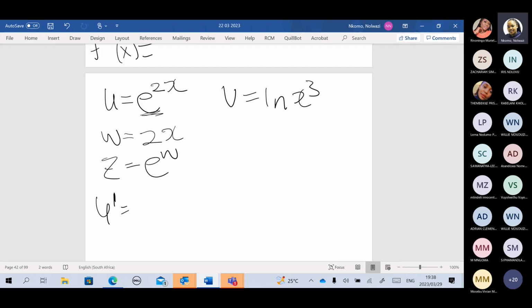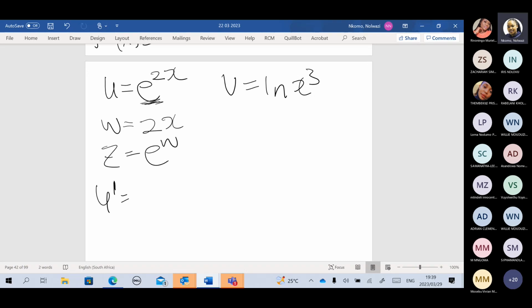Okay, ma'am. We have u equal to e to the power 2x, with an inner function 2x, and the outer function z, which is e to the power w. The chain rule says the derivative of the composite function is the derivative of the outer function times the derivative of the inner function: z prime times w prime.